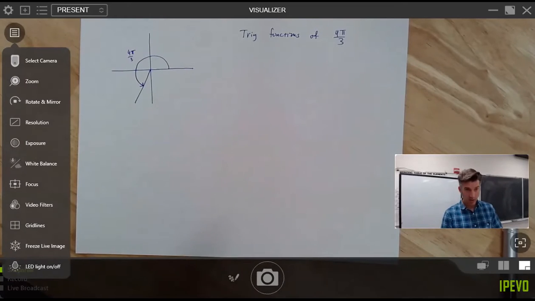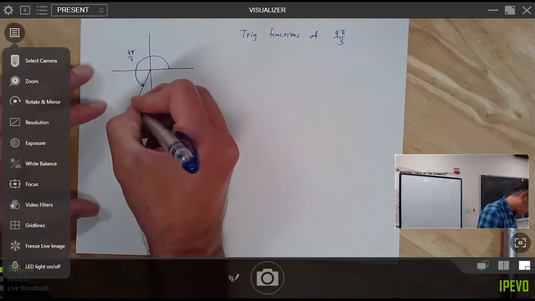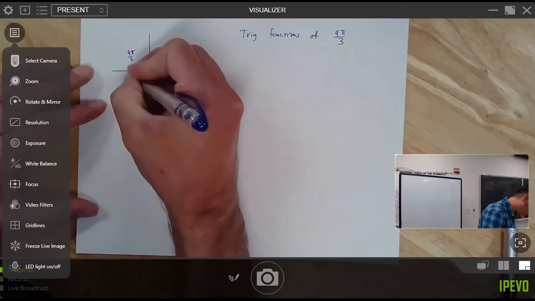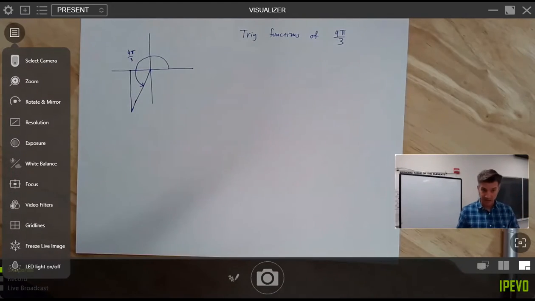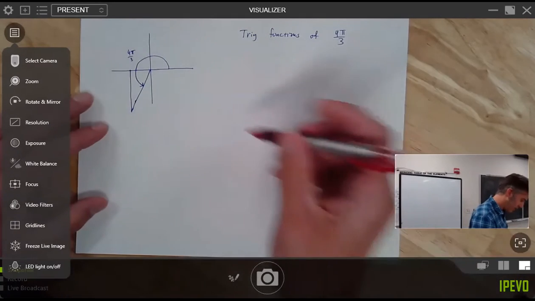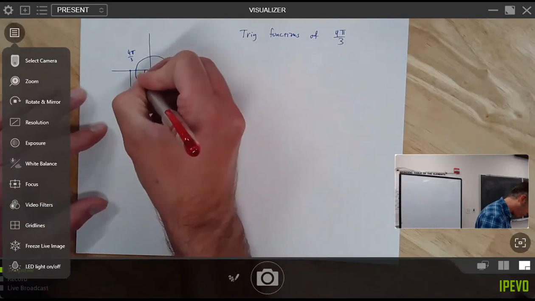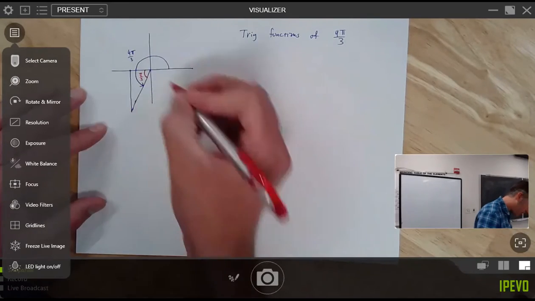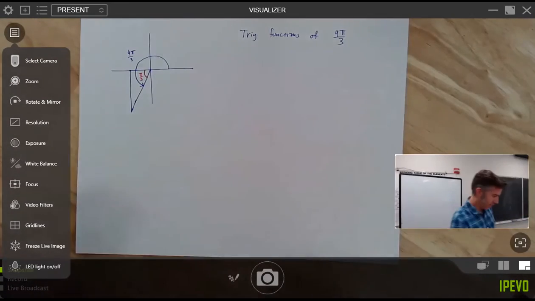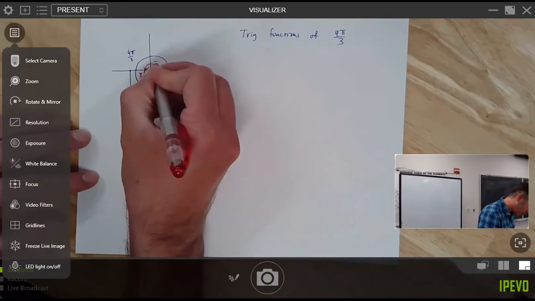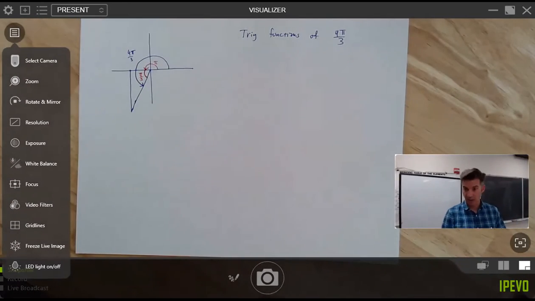And first of all, let's talk about the reference angle. Drop my perpendicular to the x-axis. And this angle here, that's a pi over 3. Because, right, it's pi plus pi over 3 to get you to 4 pi over 3.